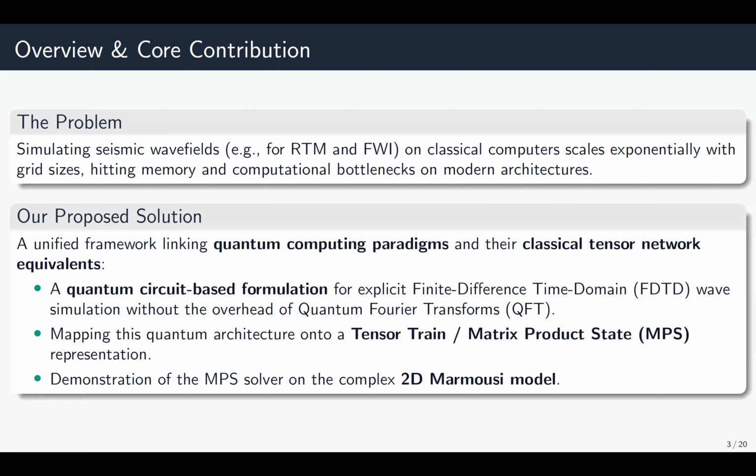Then I will show you a toy problem used in geophysics, a 2D model where the physics is very simple. There is only one sound velocity, while in the real geophysical context there are several velocities, like transversal velocities, longitudinal velocities, and even more.